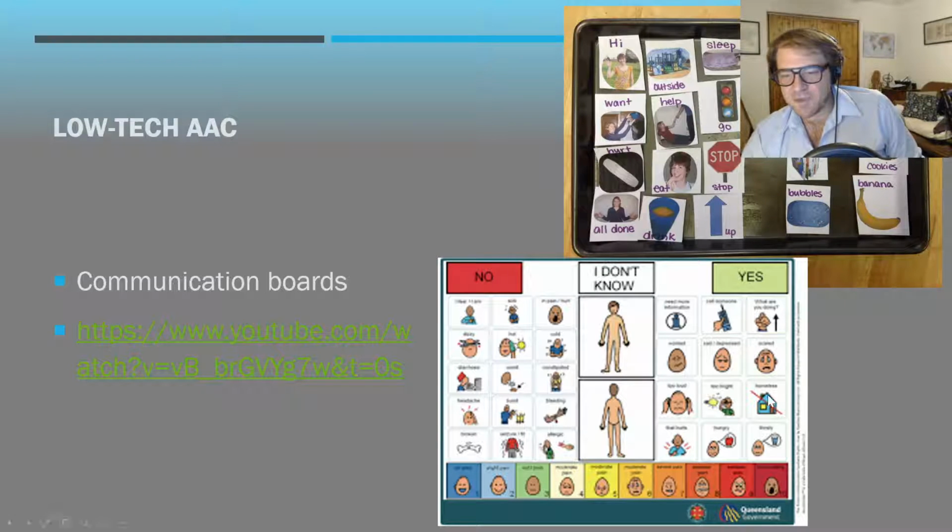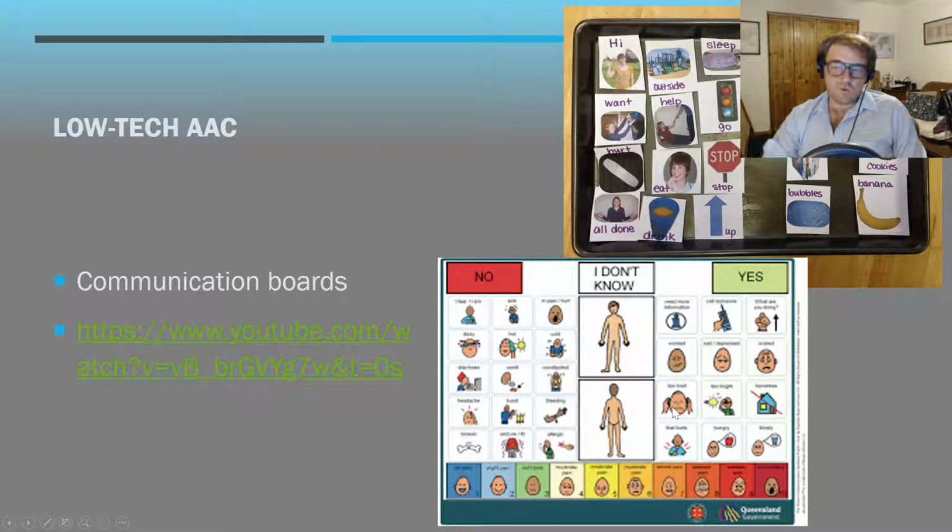Anyway, this is one that you can actually buy, but you can make your own if there are money constraints or time constraints on getting the communication board. Money constraints are perennial. There's always money constraints, right? Especially for people that need services, which is totally not right.